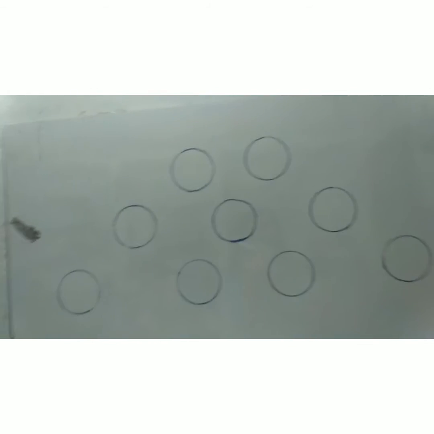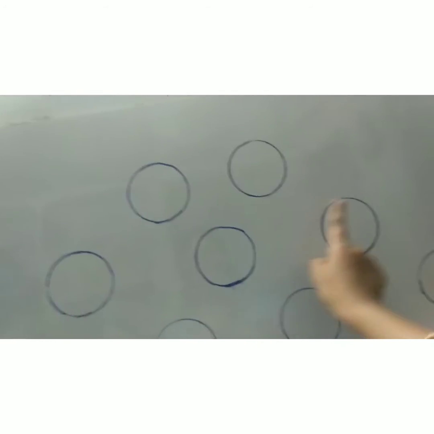So students, there are some balls on the board. So let us count these balls in small groups. This is an example of counting in small groups, children. Students, see here. 2 plus 3 equals 5.